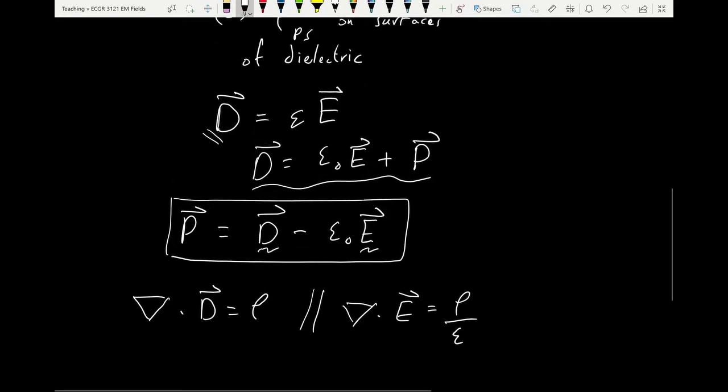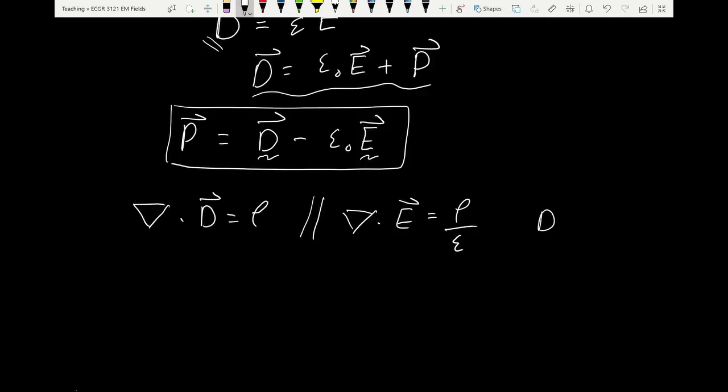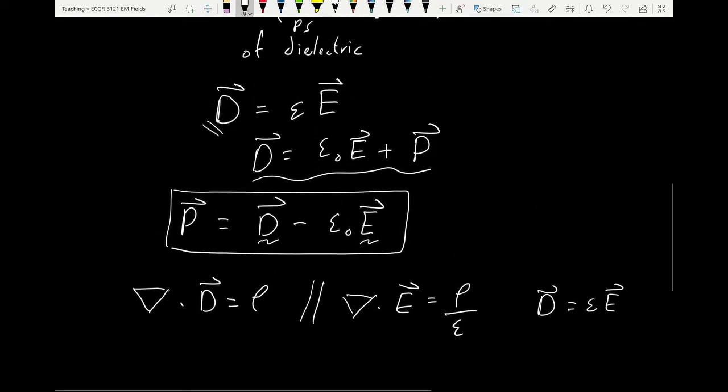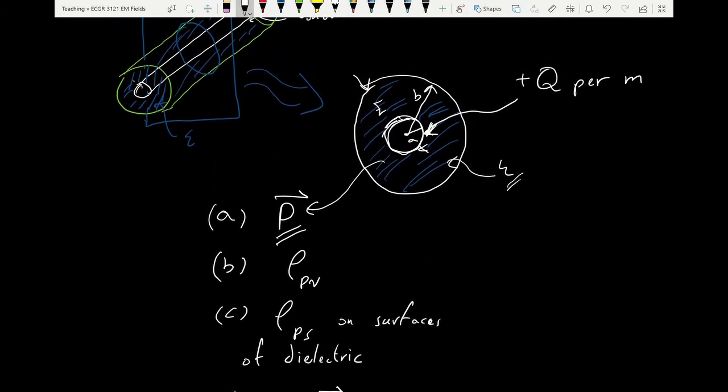And recall that D equals epsilon E, right, inside the material, right? So we can use Gauss's law to find the field E and D inside the material.